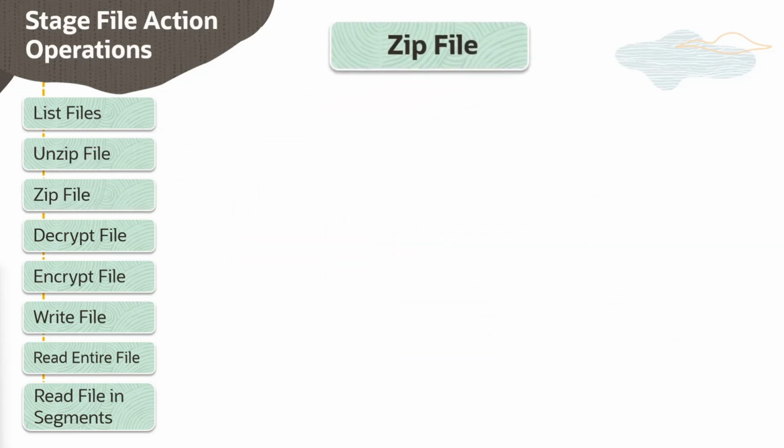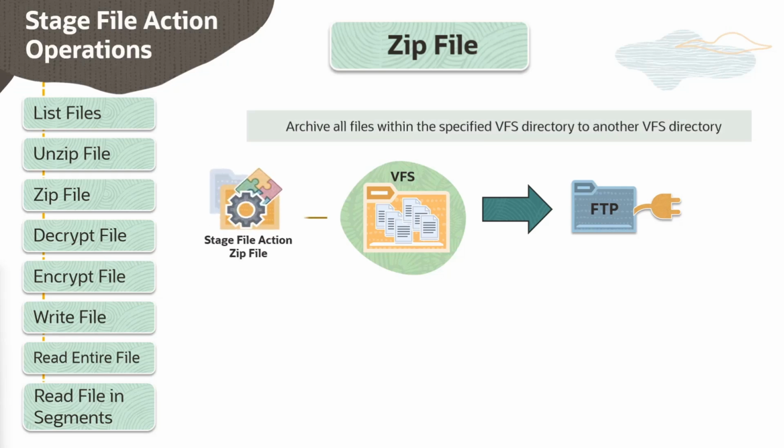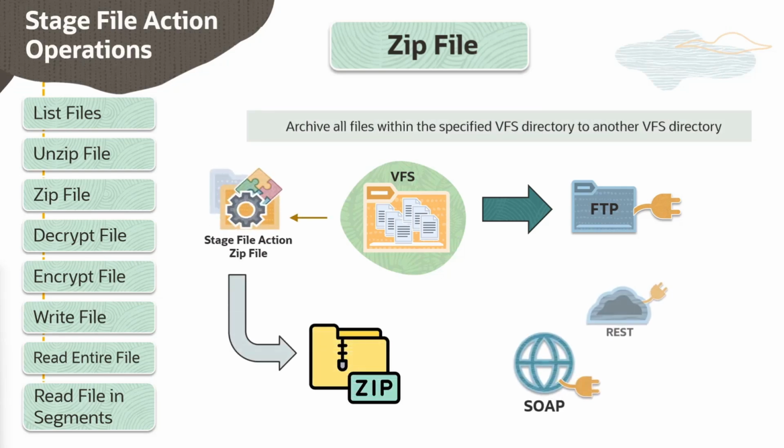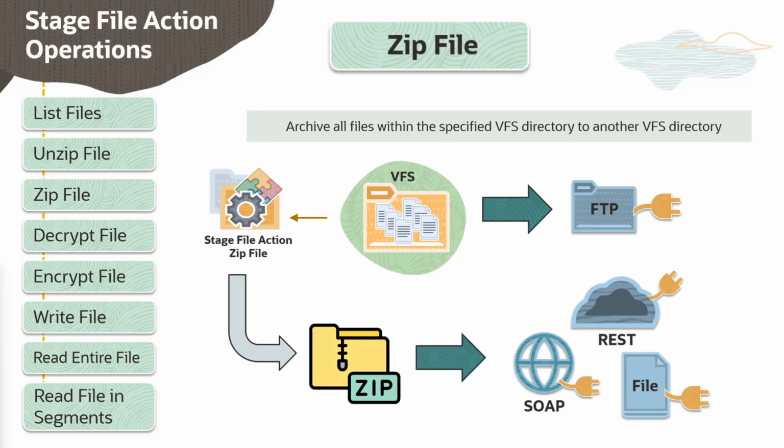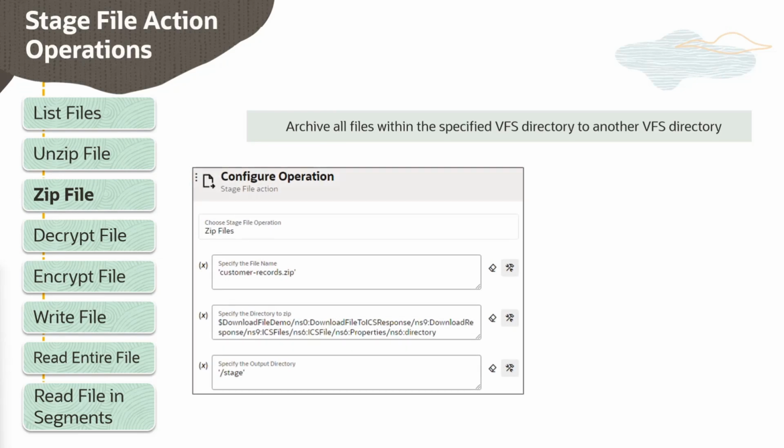Once again, the FTP adapter has the capability to automatically create and send a zip archive of files located in a VFS directory. However, there are plenty of other use cases where you will need to create that archive ahead of time within the integration flow using the zip file operation. The configuration for this one is pretty straightforward.